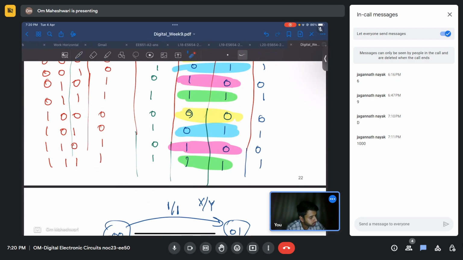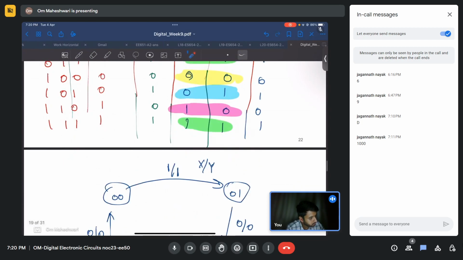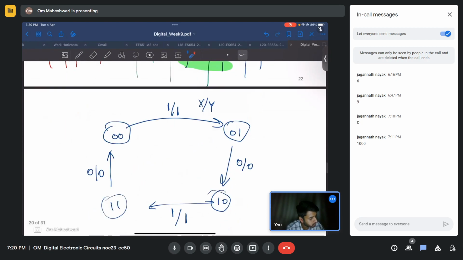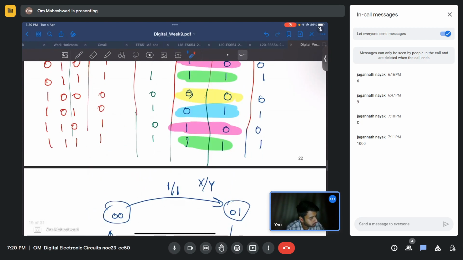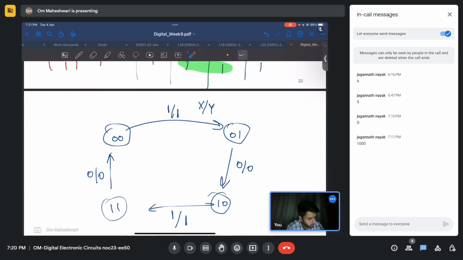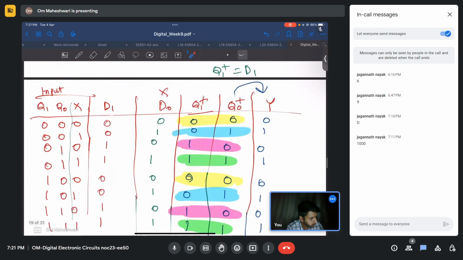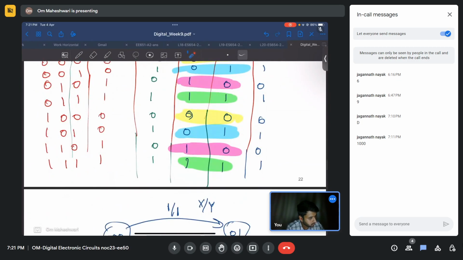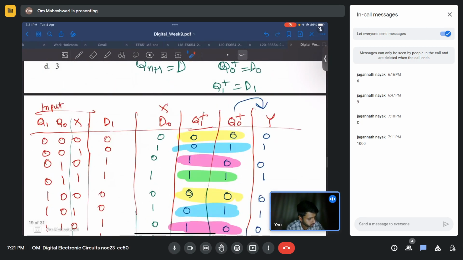Then we go from 0 0 to 0 1. X is 1, Y is 1. This we have taken here. 0 1 to 1 0. We have taken 1 0 to 1 1. We have also taken. So what is remaining is this state also.